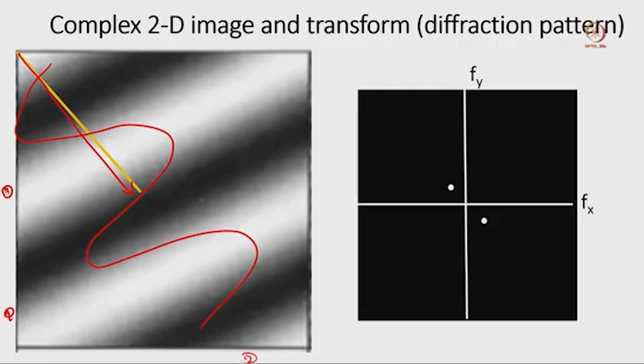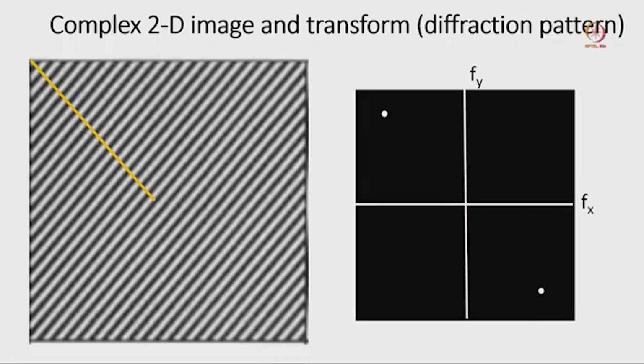So the central part will be like this, and then this is coming from the y direction. We plot it like this, with frequency 1, 2. So we have a bright spot here, at k equals +2 and k equals -2, because we are using that frequency to plot it.